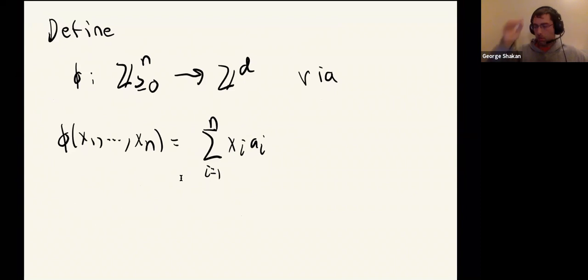Right. So really, we started with a d-dimensional problem, and by introducing this map, we've turned it into an n-dimensional problem. Okay, that seems at least as hard, but it turns out to be a useful thing to do.